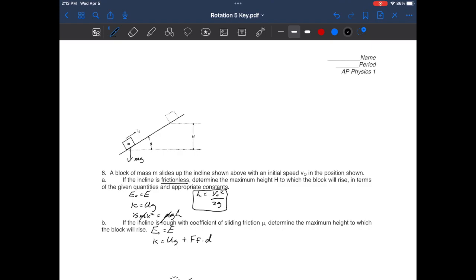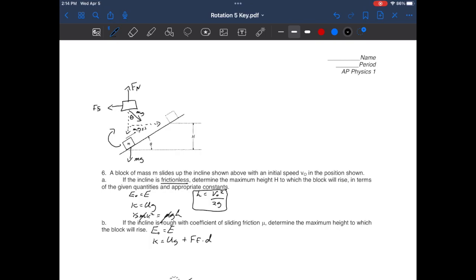1/2 mv squared on the left is equal to mgh plus. Now we need to figure out what exactly force of friction is, how can we identify it? FF is not a way to do it because those aren't variables they gave us. So let's take a look at the image and draw a free body diagram. I'm going to say mg is going straight down, and then if I change my perspective so the incline is horizontal, I've got a component of gravity that's horizontal, and a component that is vertical. The horizontal component of gravity would be mg sine of theta.